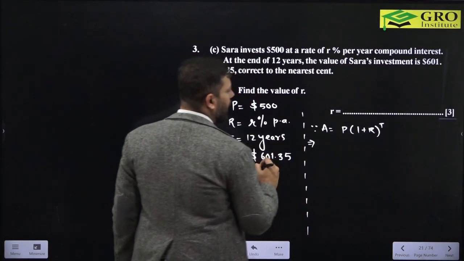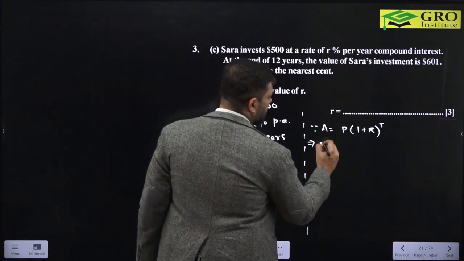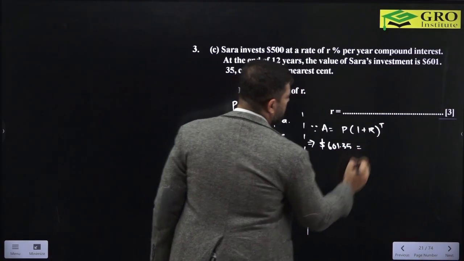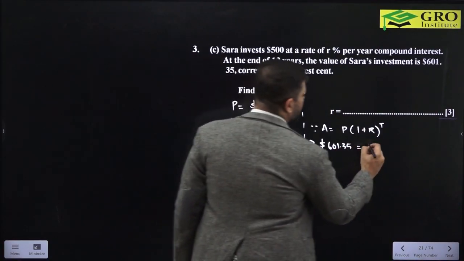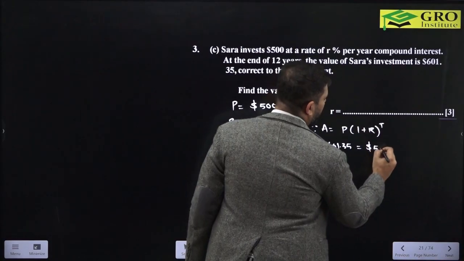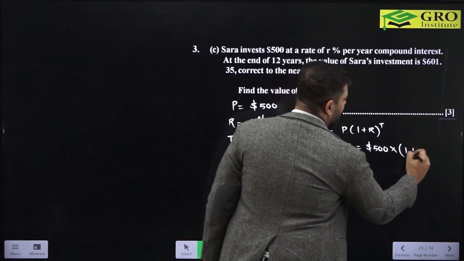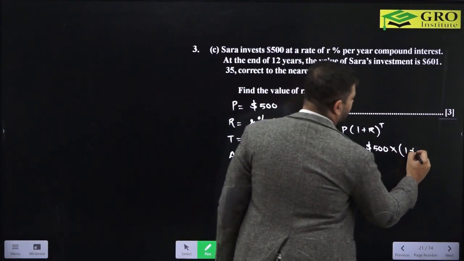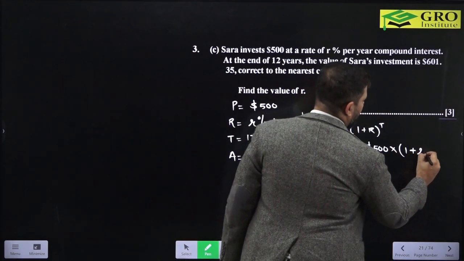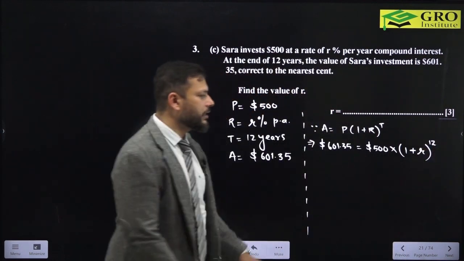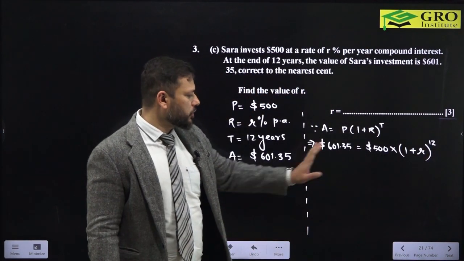We already know the amount received, that is $601.35. What is the principal? Principal is $500 multiplied with 1 plus r, where the rate of interest is small r, and the time period is 12. Isn't it, guys? This is what the equation looks like.